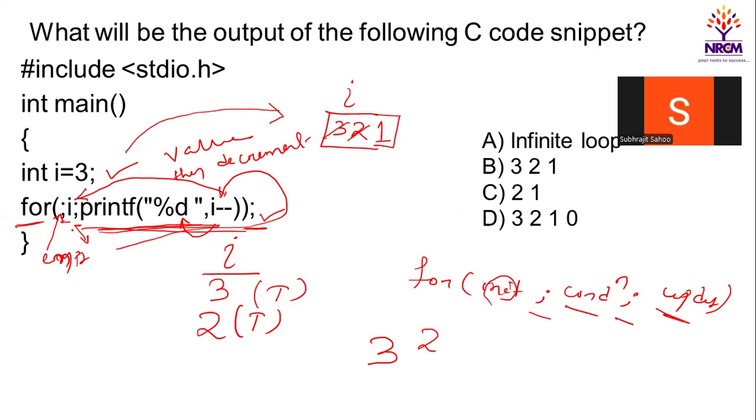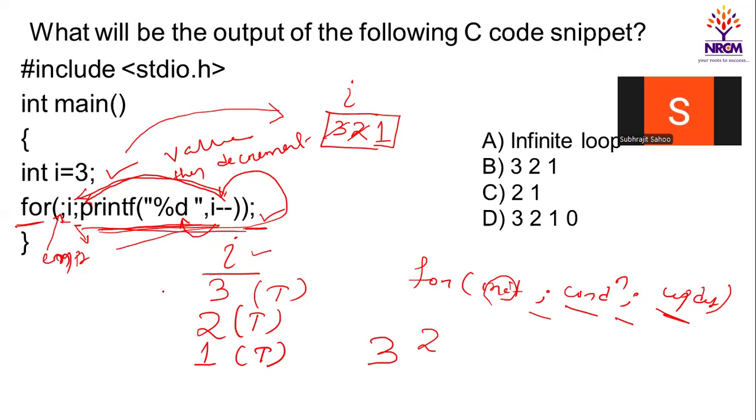Observe again. After this, again it will go to the condition. Right now i is 1. Condition true or false? Anything apart from 0 is treated as true. I told you several times. So this becomes true.